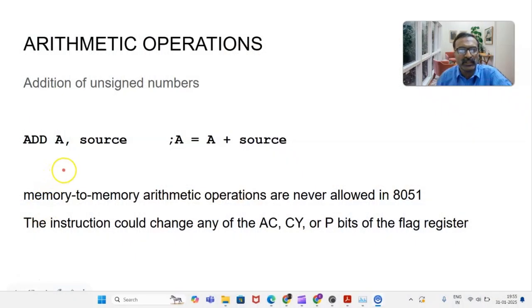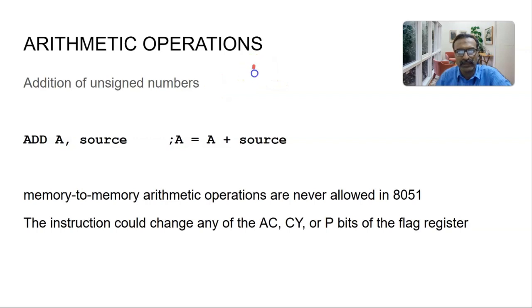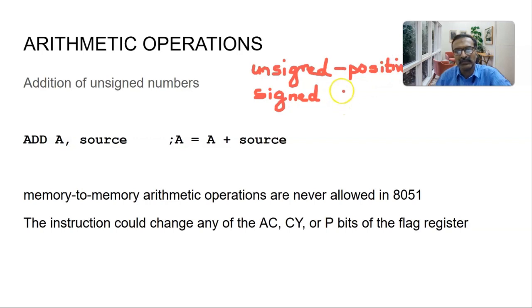So the instruction for addition of unsigned numbers. There are two types of numbers, that is unsigned numbers and signed numbers. Unsigned numbers means they will be all positive numbers. We don't have negative numbers. Sign comes when we have to represent negative numbers.